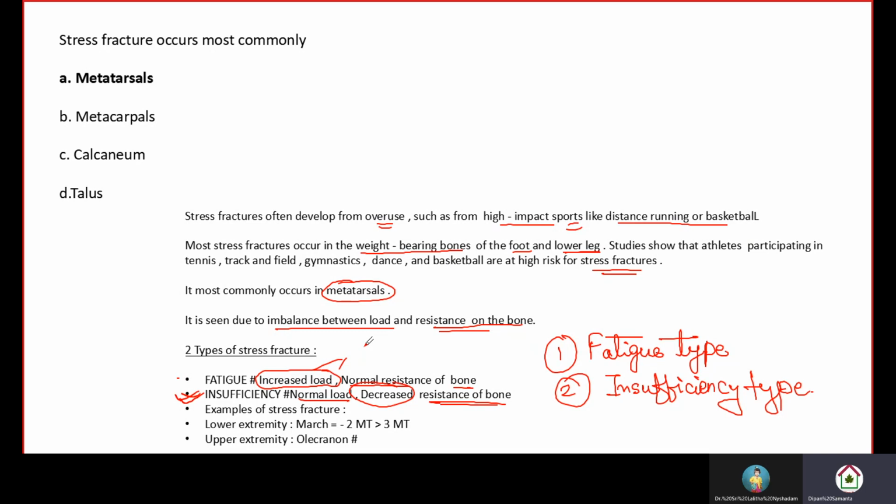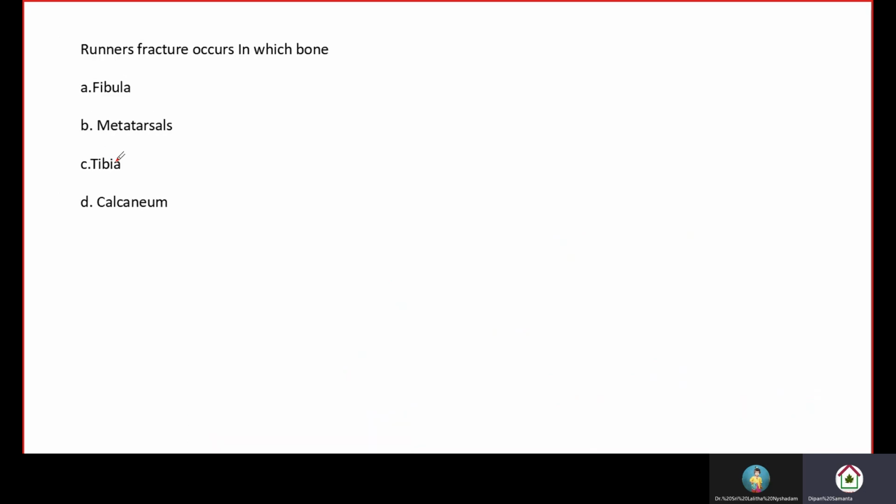Examples of stress fractures: in the upper extremity, olecranon fracture can occur. In lower extremity, second metatarsal is mostly affected than third metatarsal. Most common is in the lower extremity, specifically metatarsal bones. So this is about stress fracture.